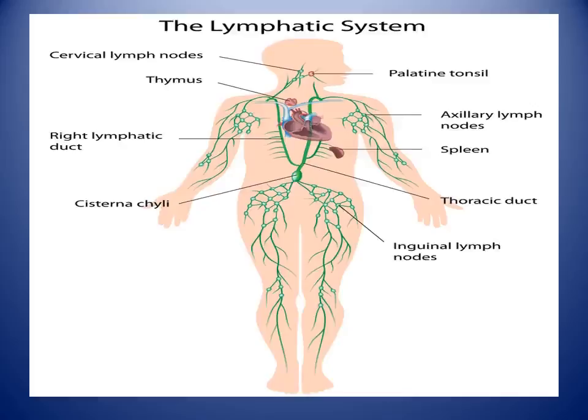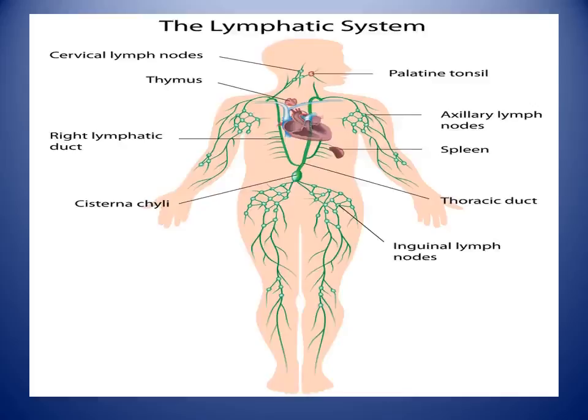Everybody see the picture. Palatine tonsil, lymph node, right lymphatic duct, spleen, thoracic duct, inguinal lymph node, thymus, cervical lymph node.